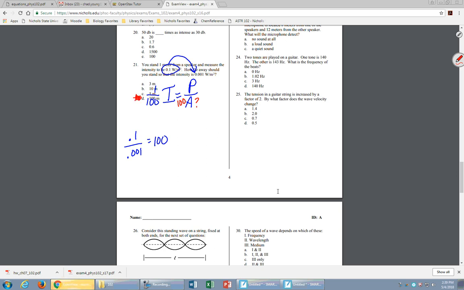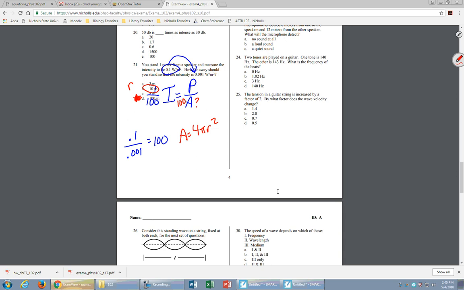But it's not. What is the right answer? It's 10, right? Why is it 10? Because 10 is the radius, and area is 4 pi r squared.